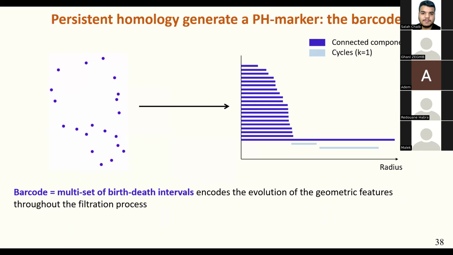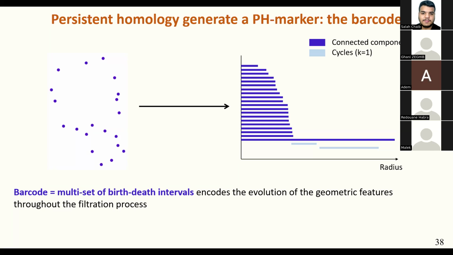So basically, the barcode encodes the evolution of topological characteristics throughout the filtration, the appearance and disappearance of topological characteristics. And remember what I said earlier.